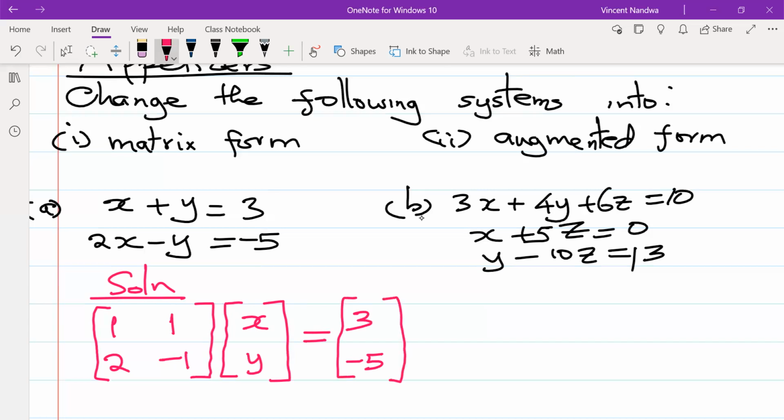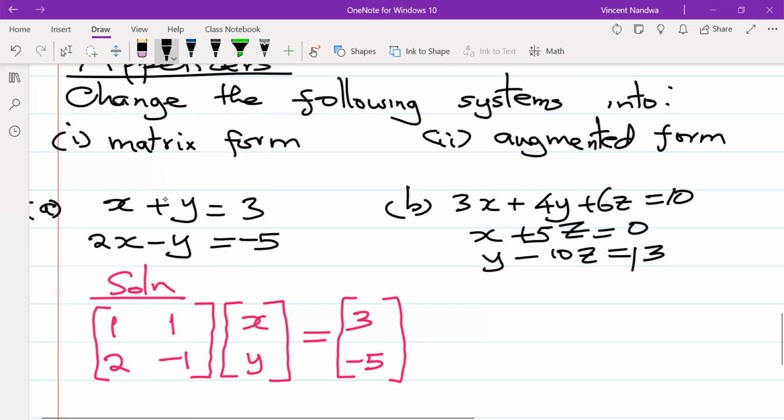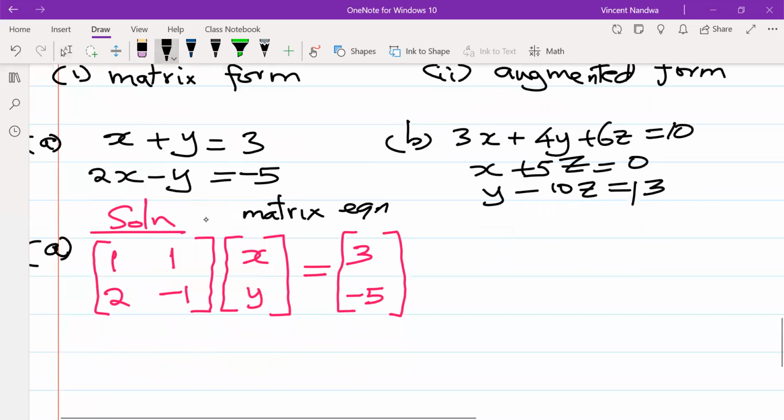So this is what we call the matrix equation. So this is for part A. Then the augmented form of the matrix.